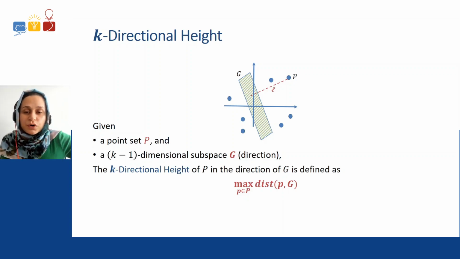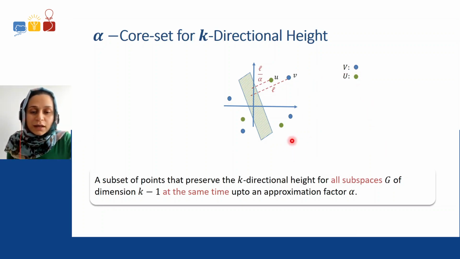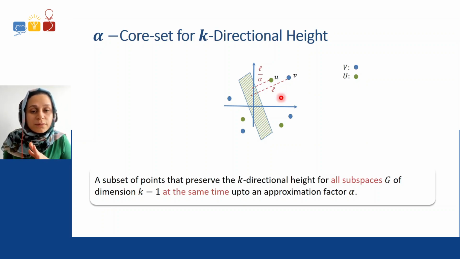So now, what is a coreset for k directional height? We want a subset of the points that is preserving the height with respect to all k-1 dimensional subspaces. Okay, so we have a set of points originally. We want to pick a subset of size k, denoted by the green points, such that we have the following property: for any k-1 dimensional subspace, if in the original points there exists one point v whose distance to this subspace is L, then in the subset there should exist a point whose distance to this subspace is at least L over alpha.